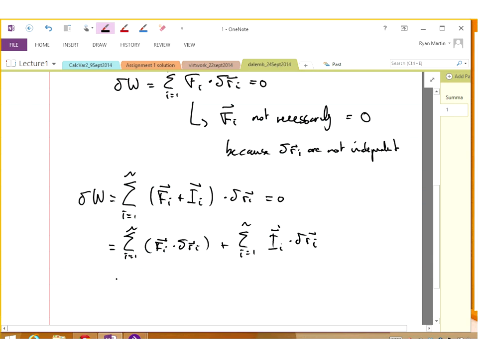Now this first term here is exactly the same term that we worked with when we did the principle of virtual work, right? And so we found that we can write that as the sum over j equals 1 to little n, where n is the number of degrees of freedom, of Qj delta qj.